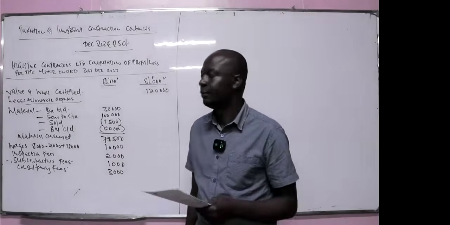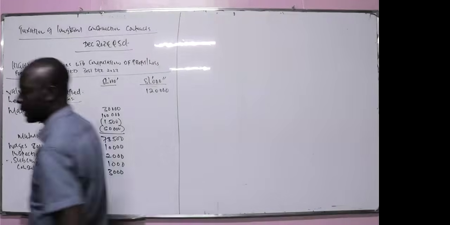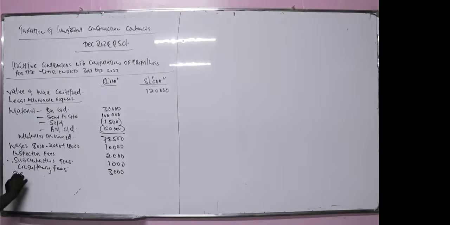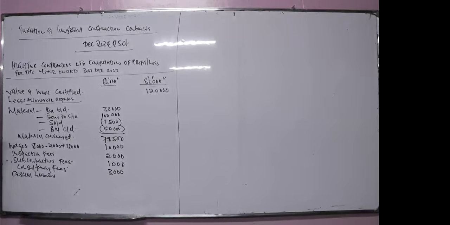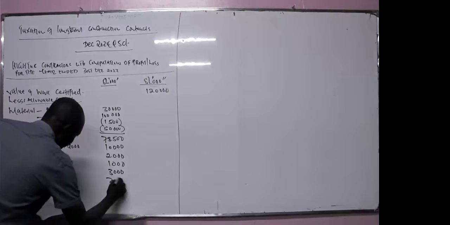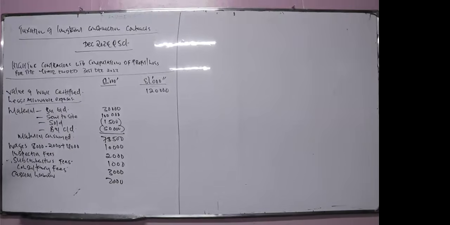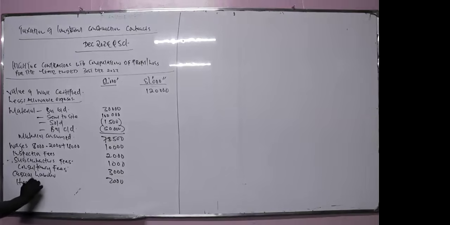Casual labor, allowable. How much? 2,000. Head office expenses, allowable.